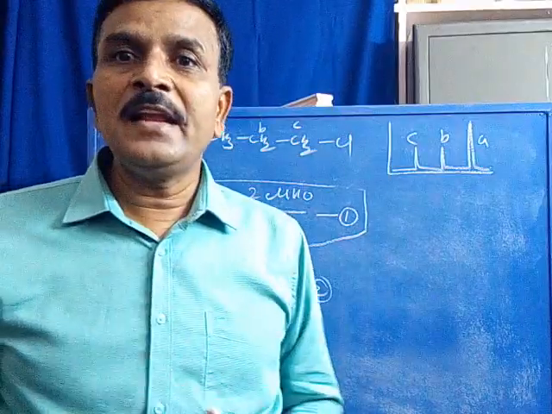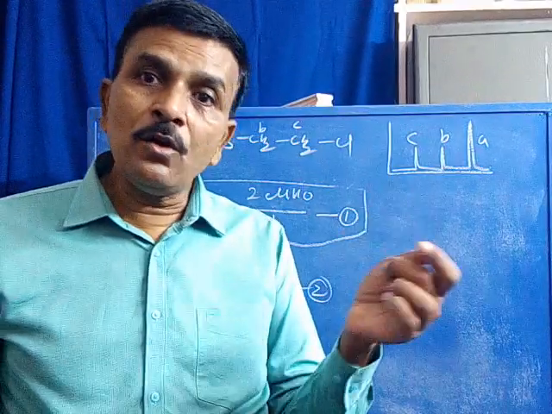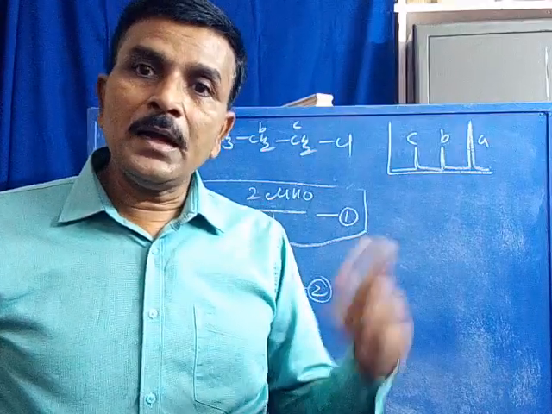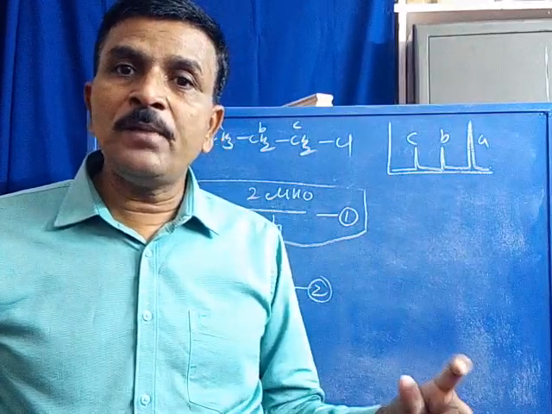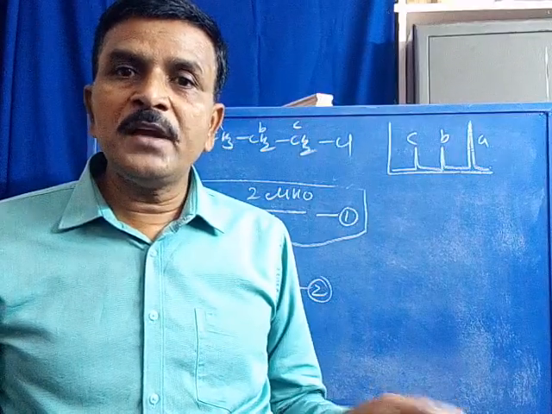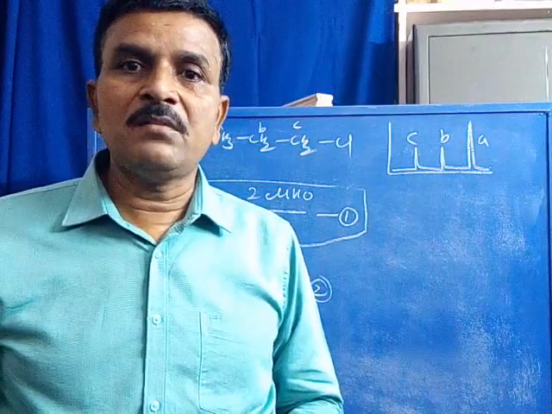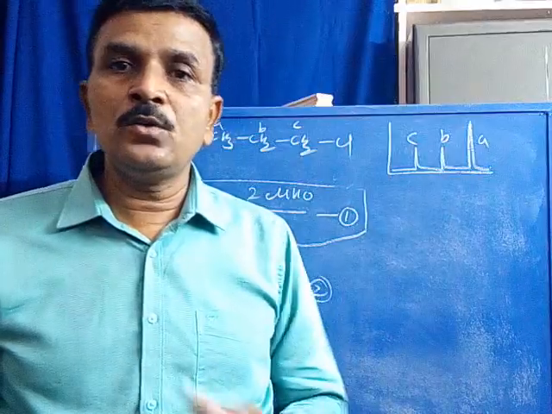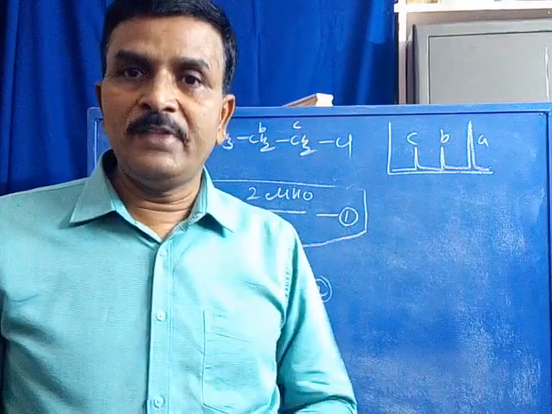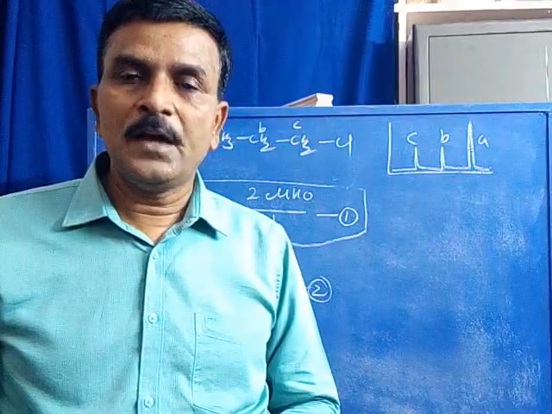The external magnetic field may be between 0 to 1.38 Tesla, or in the range of 0.0 to 1.54 Tesla, or 0.0 to 2.32 Tesla, or 0.0 to 2.54 Tesla, depending upon the instruments available. Are you following?